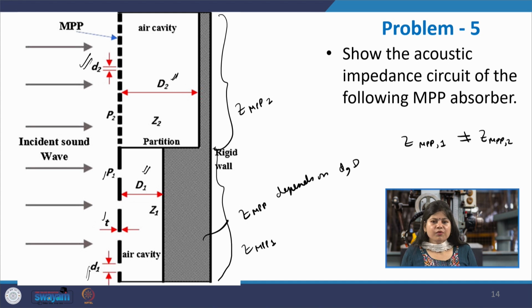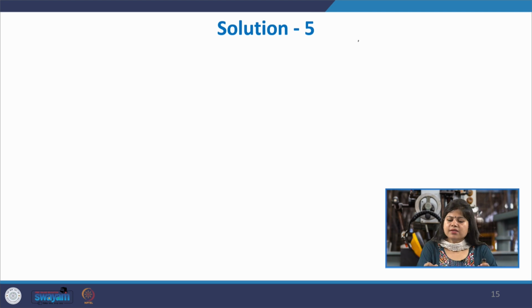So, basically what we have here is that two MPPs are there with two different acoustic impedances because of the changing parameters of small d and capital D, and they are connected in parallel because the sound waves are incident, and these are not connected in series, which is one after another, but rather these are impedances connected in parallel.